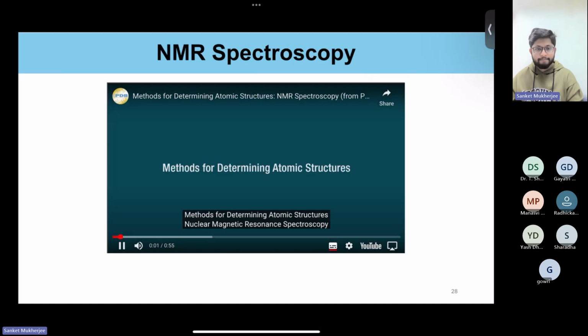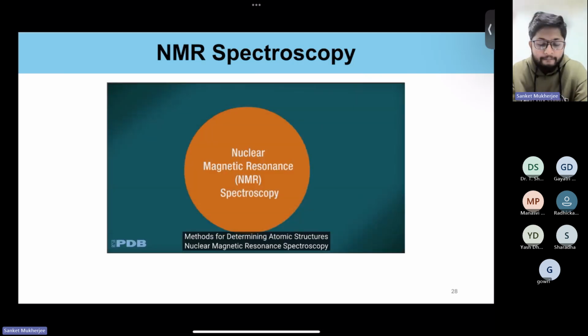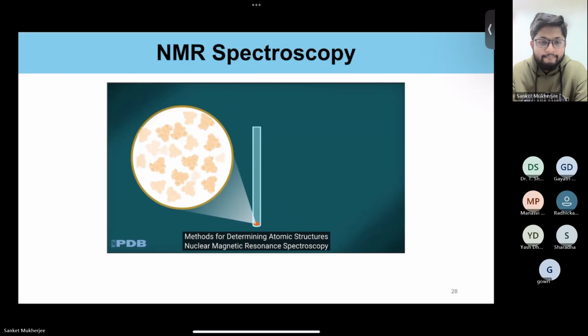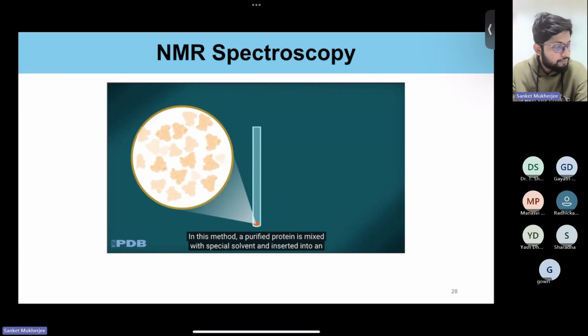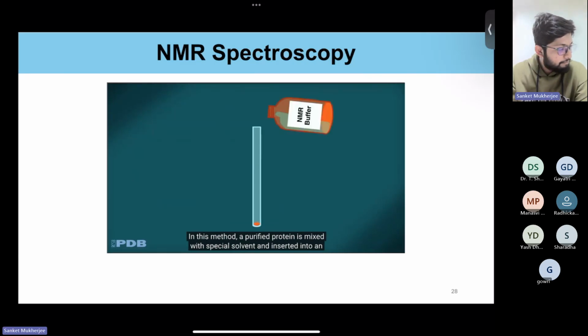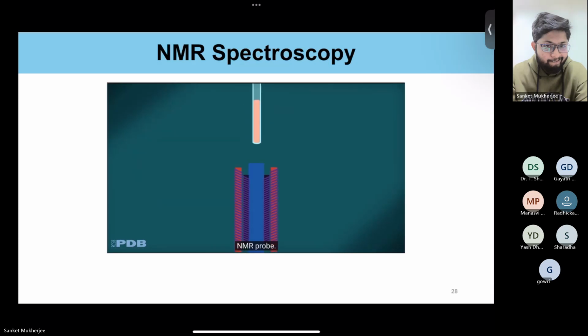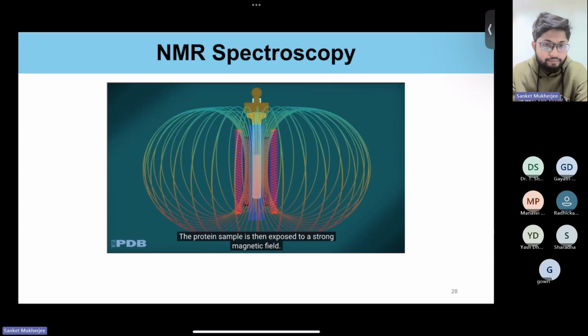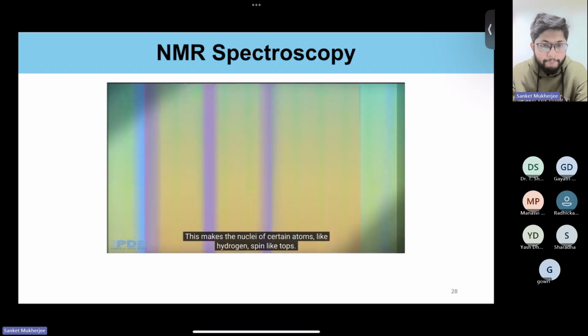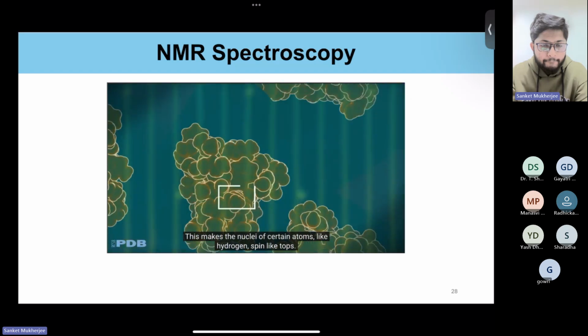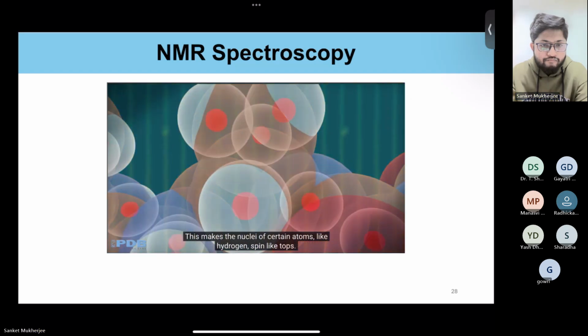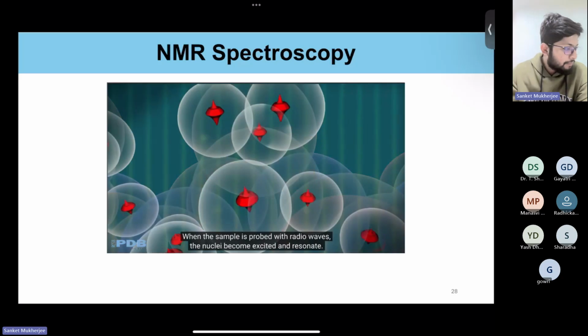Methods for determining atomic structures. Nuclear magnetic resonance spectroscopy. In this method, a purified protein is mixed with special solvent and inserted into an NMR probe. The protein sample is then exposed to a strong magnetic field. This makes the nuclei of certain atoms, like hydrogen, spin like tops. When the sample is probed with radio waves, the nuclei become excited and resonate.